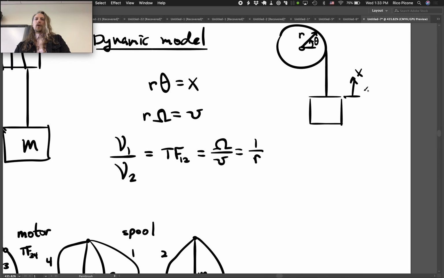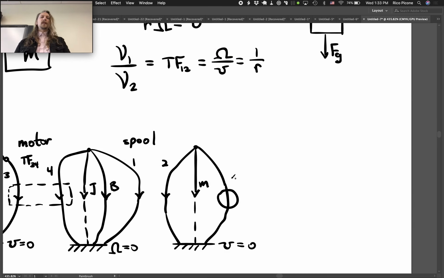So that's our coordinate arrow direction. The force of gravity is opposite of that, right? So this is going to be F sub g. We're going to be going away from the node of application with Fg, which is just equal to the mass times g, right? It's just a constant.